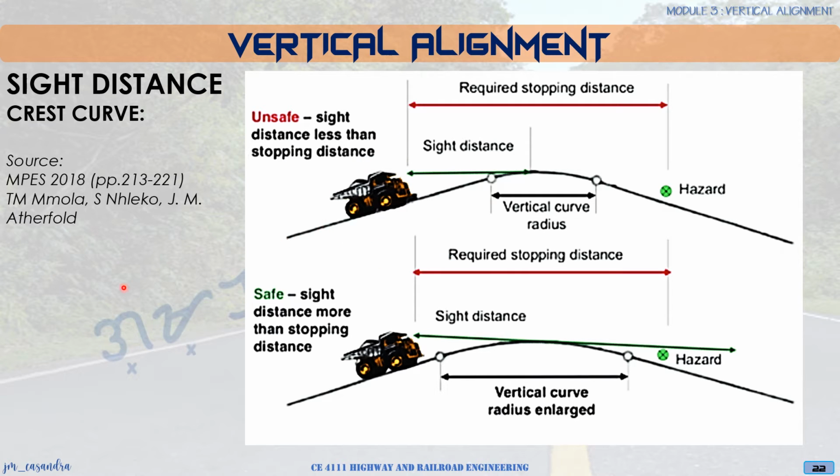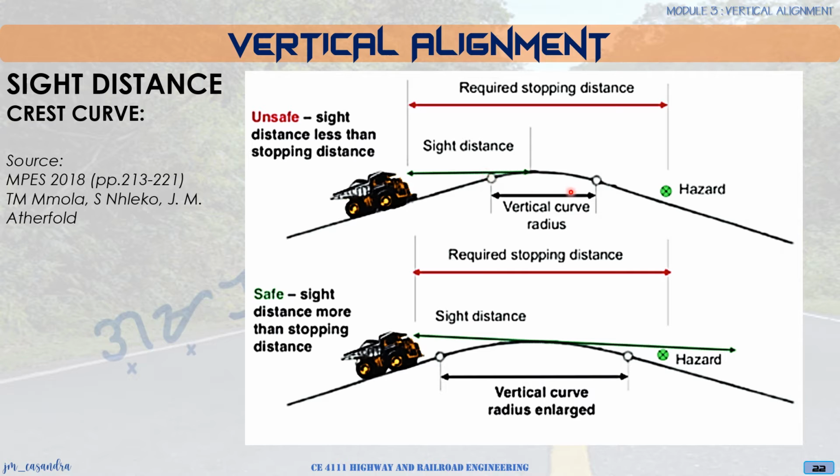Okay? So this is taken from the 2018 Journal of MPES. So an unsafe sight distance would usually be less than the stopping distance. So this is required so that you'll be able to react on time when you see the hazard. Pero yung sight distance lang na meron tayo is at this point. Okay?